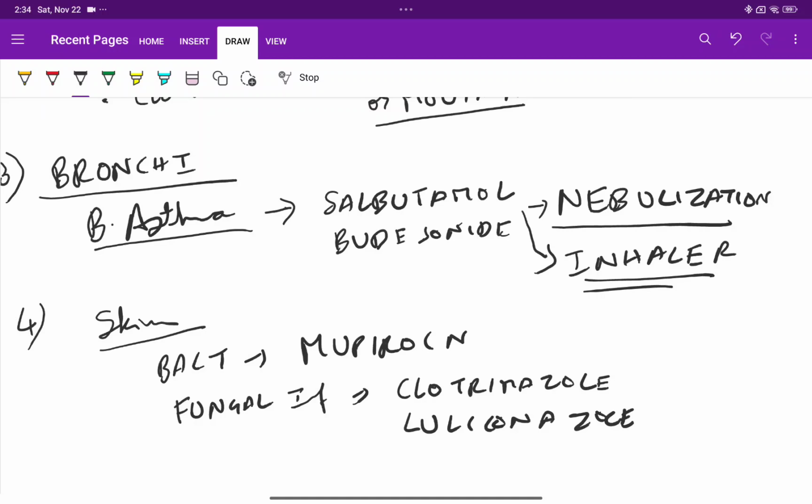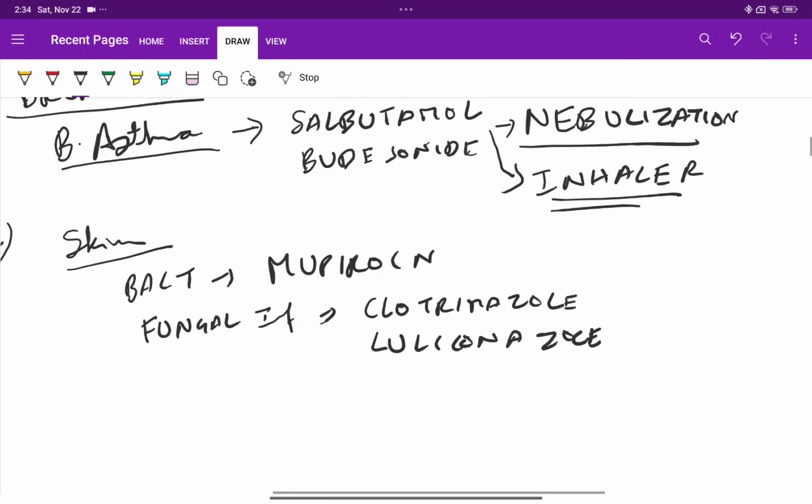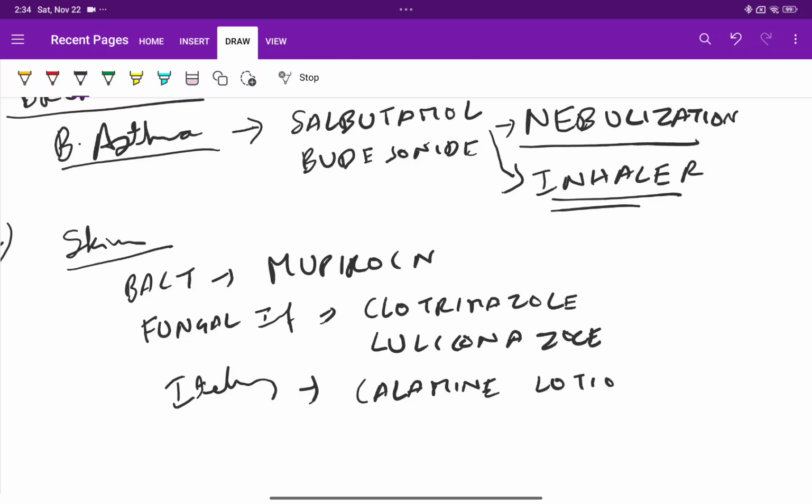And also for any itching or allergy, we can give calamine lotion. And there are so many other examples for the skin. Here we are directly targeting the skin infection without involving any systemic route, so the systemic side effects are very less.